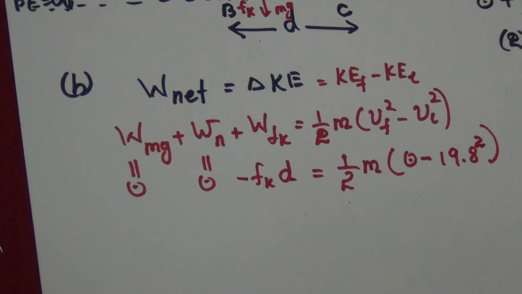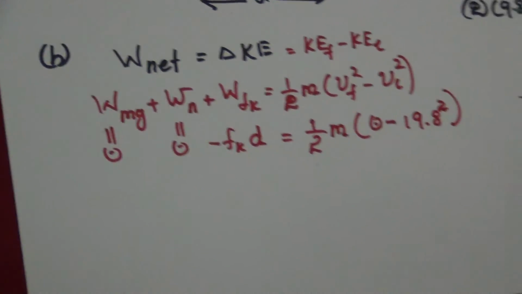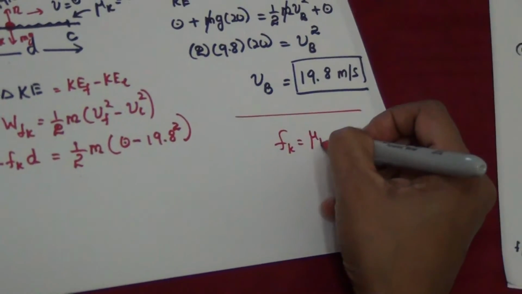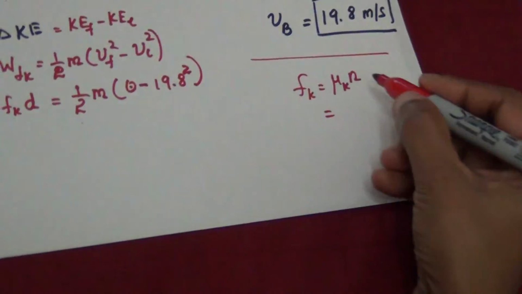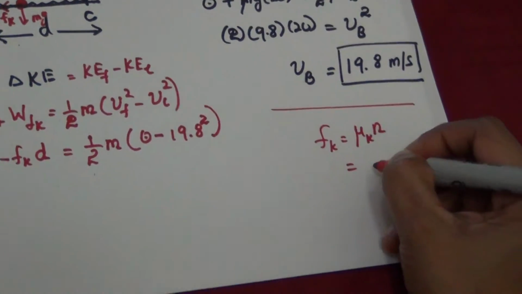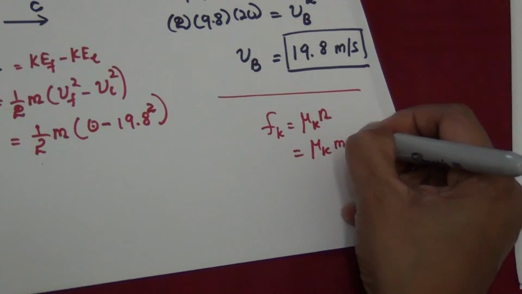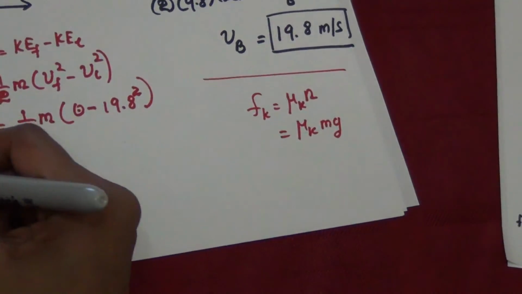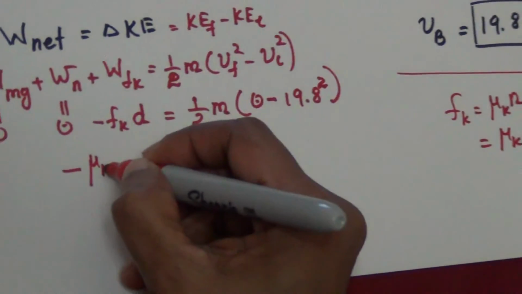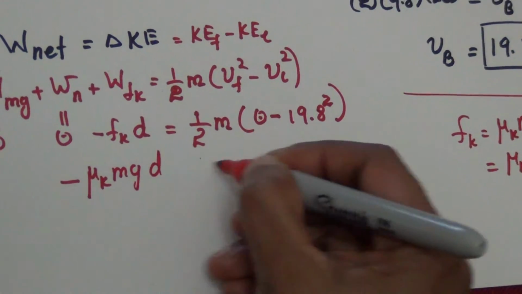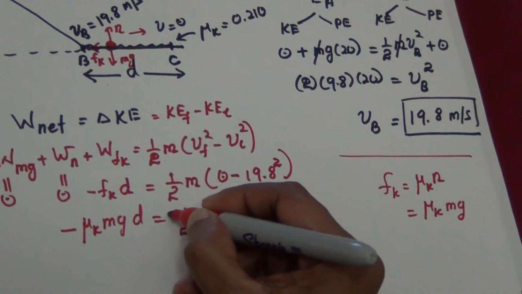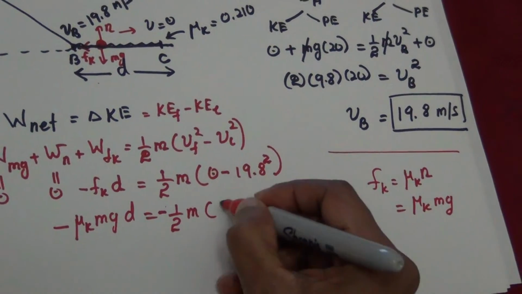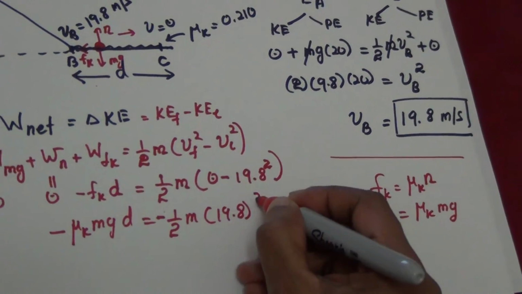So now we have to find Fk. Let me find it here. So we know Fk is mu k n, and since it's horizontal, n is equal to mg, so mu k mg. So let me plug that here. Negative mu k mg d equals 1/2 m, and there is a negative, I'll write it in front of that, 19.8 squared.